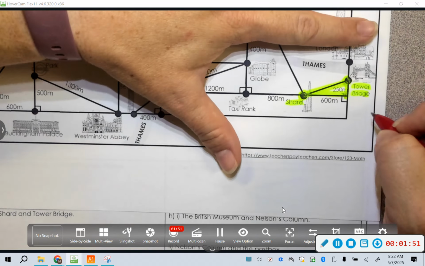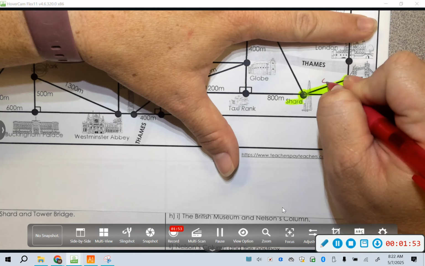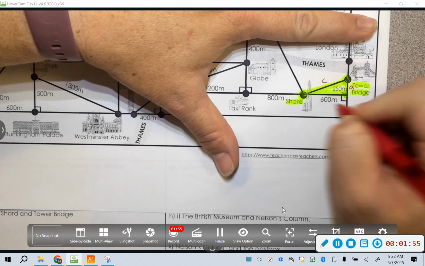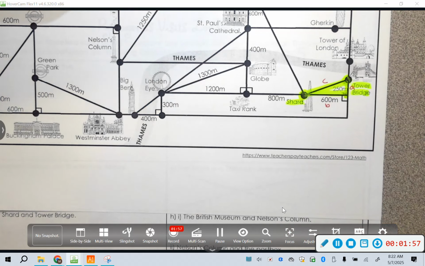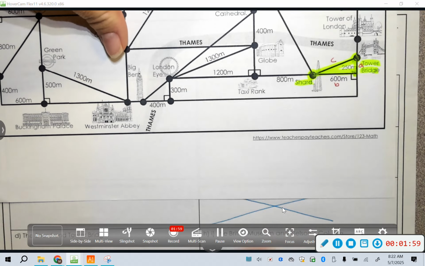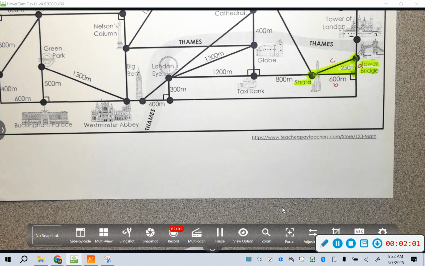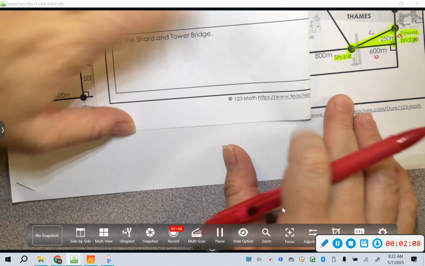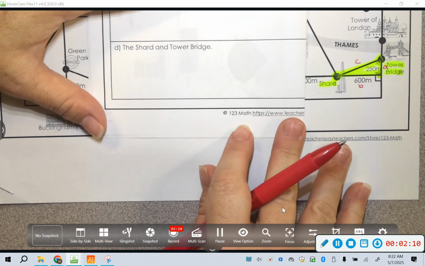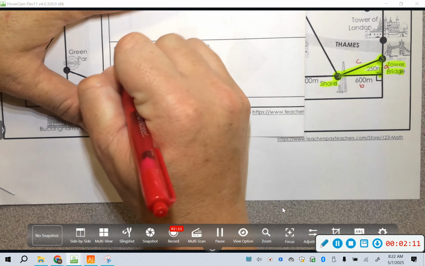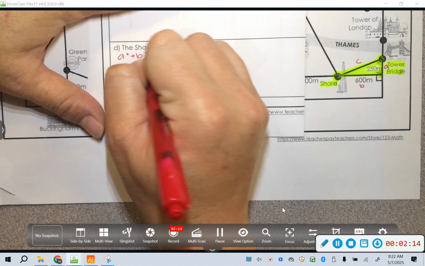So I'm going to go ahead and label my triangle. The diagonal is my C. This is my shortest side. This is my middle side. And we're going to try it. So I know my Pythagorean theorem is a squared plus b squared equals c squared.